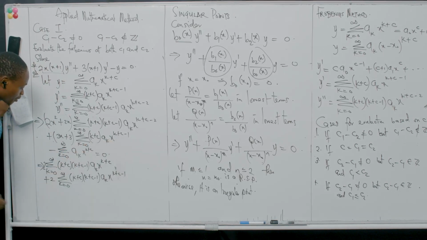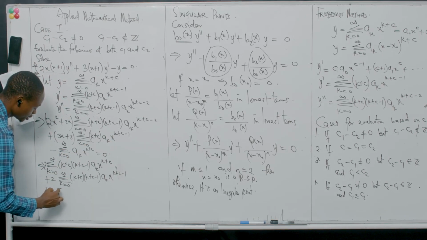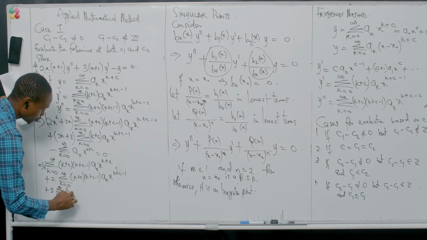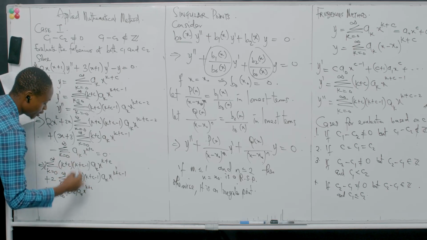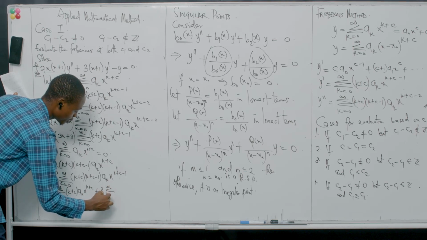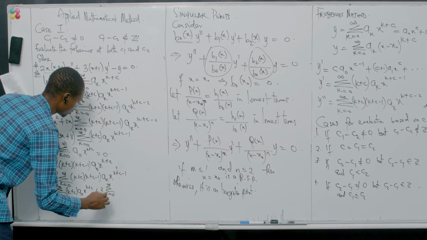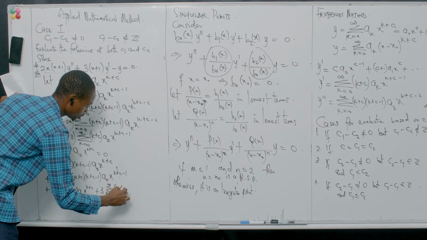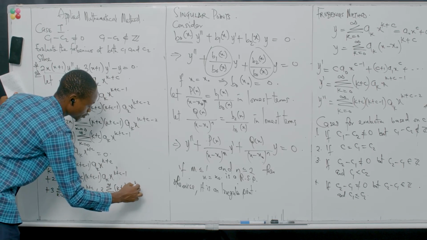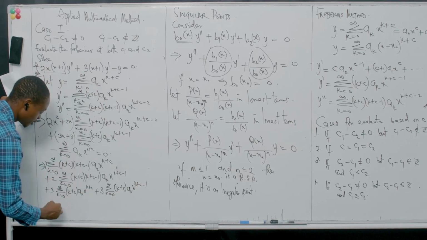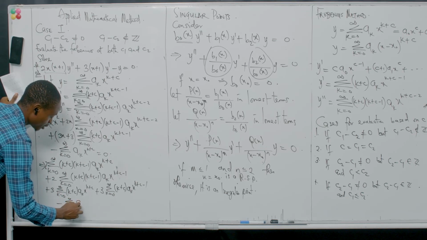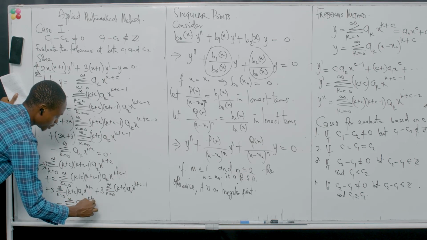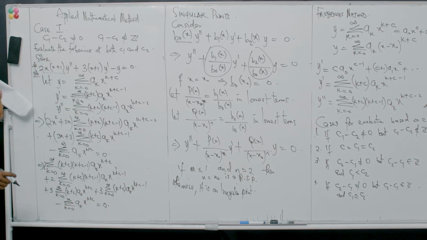And then down here we expand: plus 3 summation, k equal to 0 to infinity, of k plus c, ak x to the power k plus c, then plus 3 summation, k starting from 0 to infinity, of k plus c, ak x to the power k plus c minus 1, and then minus the summation, k starting from 0 to infinity, of ak x to the power k plus c, is equal to 0.